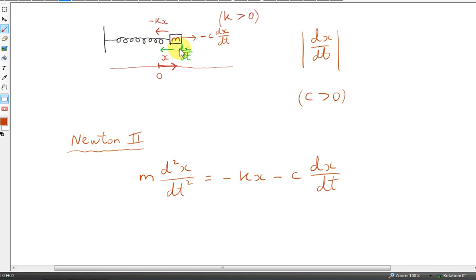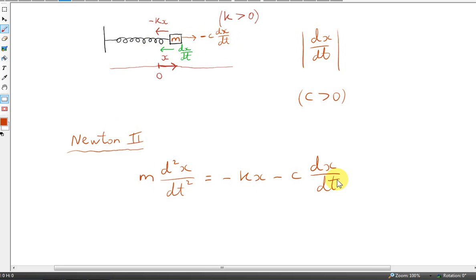Now, if we ignore the impulse, then Newton's second law tells us that the resultant force on the mass, that is the mass times its acceleration, is the sum of just these two forces. So the force vectors are minus k times x and minus c times dx/dt.